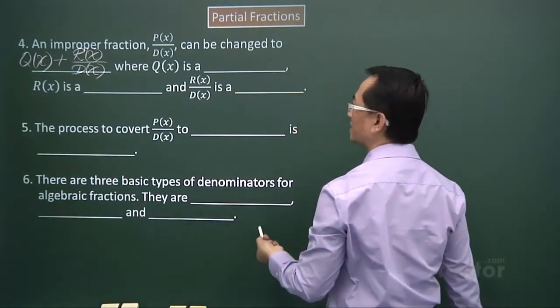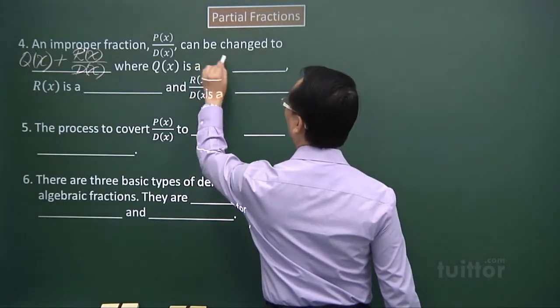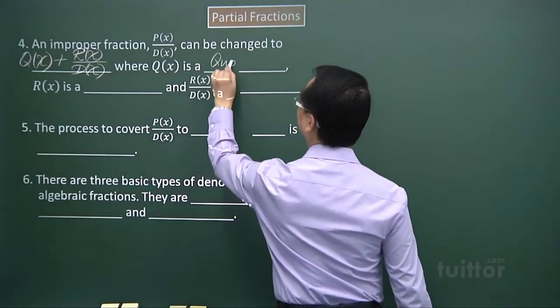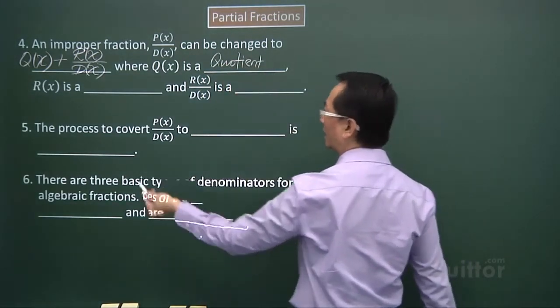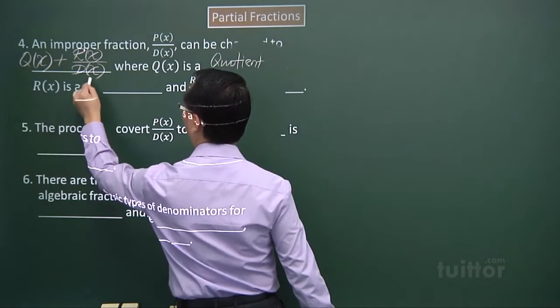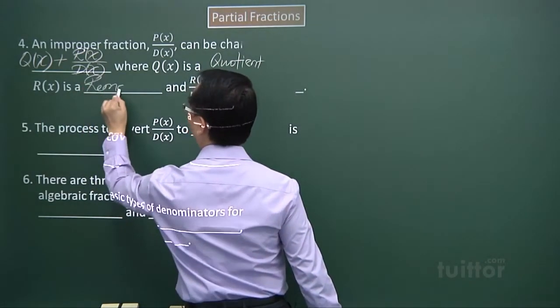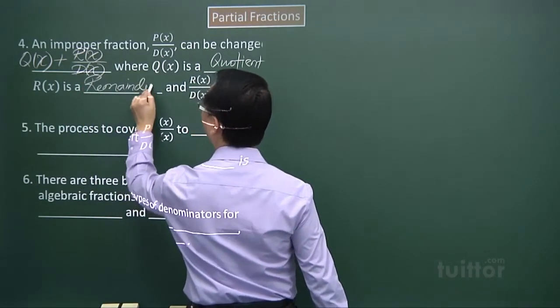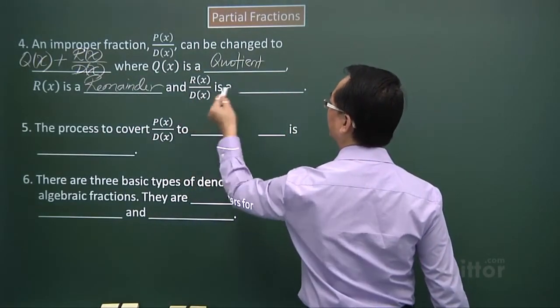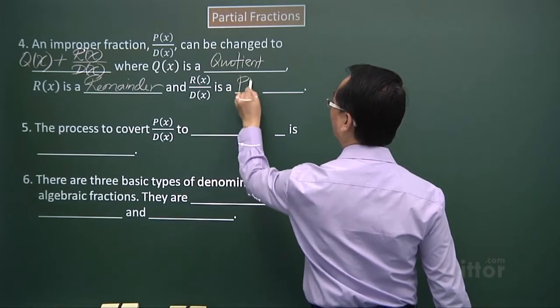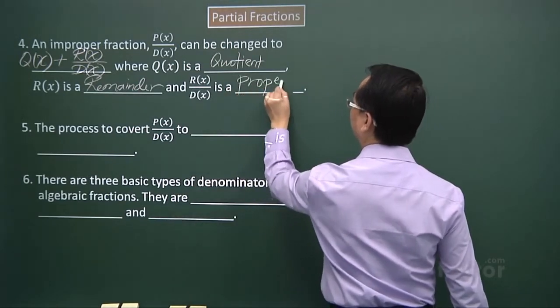Q(x) is a quotient polynomial and R(x) is a remainder polynomial, and this is a proper fraction.